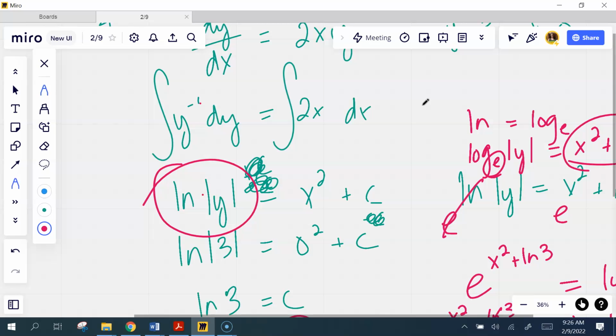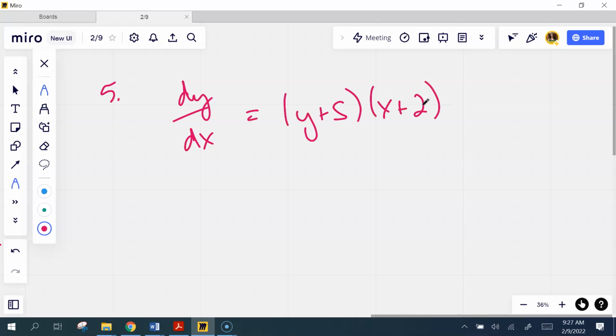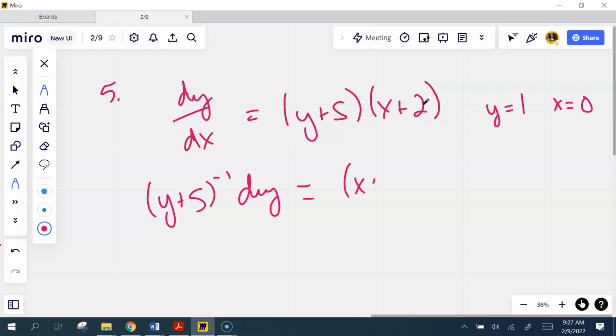Okay, 5 is what? Well, let's see. Y equals 1. I would probably separate the variables like they stand. I would do y plus 5 to the negative 1 dy equals x plus 2 dx.